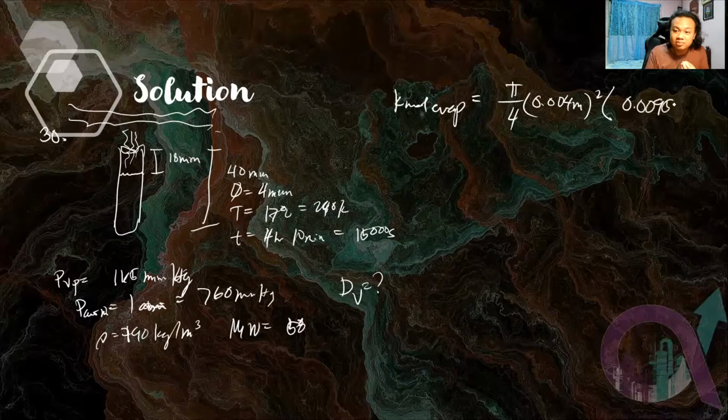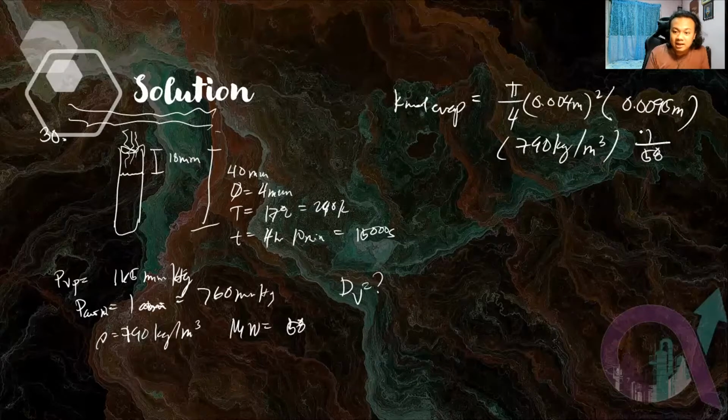So next is that you have to multiply that by the density, so that you can get the mass, and then divide that by the molecular weight, so that you can get the kmoles. Okay, so you have 1.626 times 10 to the negative 6 kmole of the liquid that is evaporated.